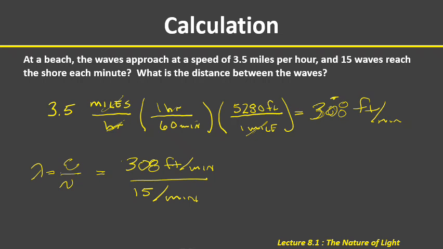Now we've got reciprocal minutes in the numerator and reciprocal minutes in the denominator. Those both cancel, so our units are going to be in feet. That's good because we're calculating the distance between the waves.